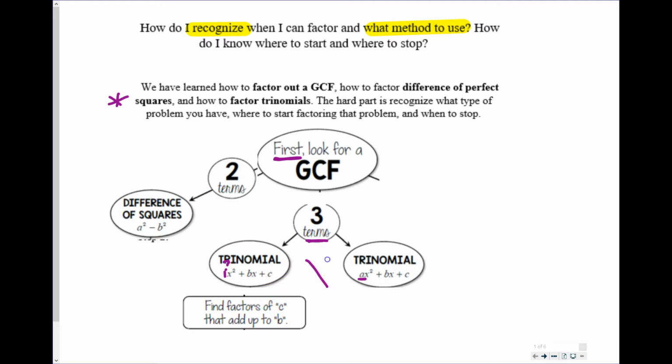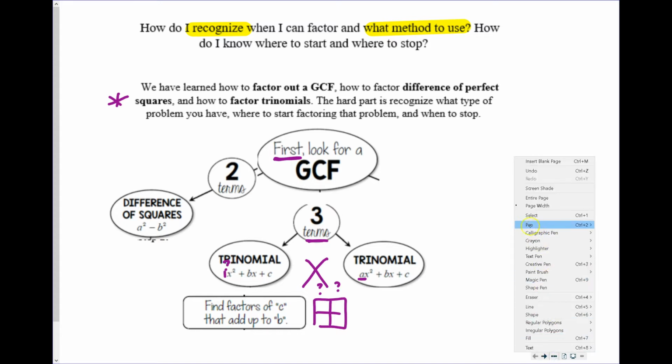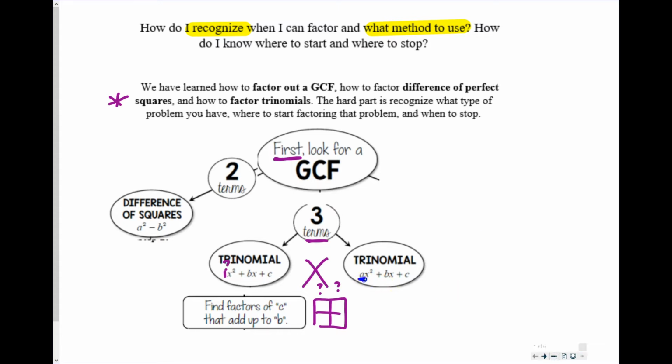We do our x for both of these, and we do our Punnett square, and then we find out what's on the outside, right? For the other type, where you have a number in front, you have to do the a times c. So you have to find factors of ac, that's basically the first times the last number, that add up to b.